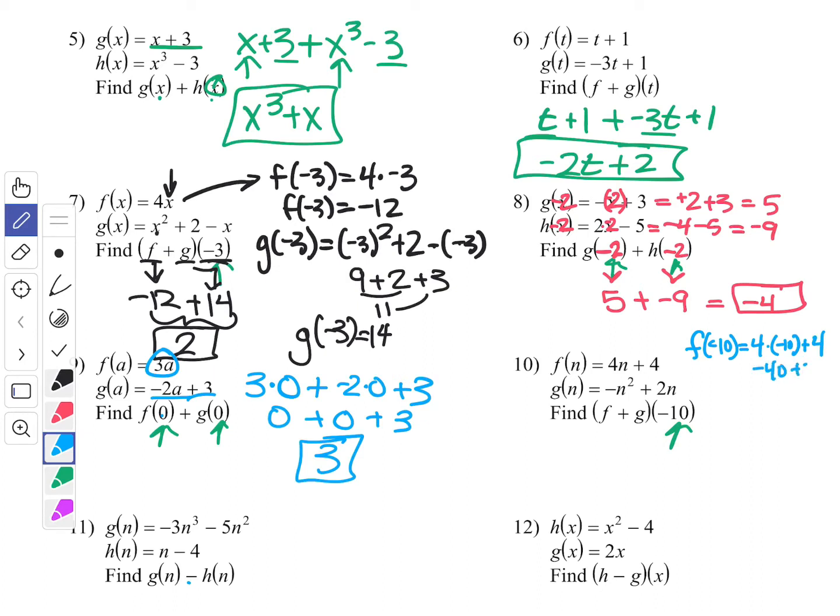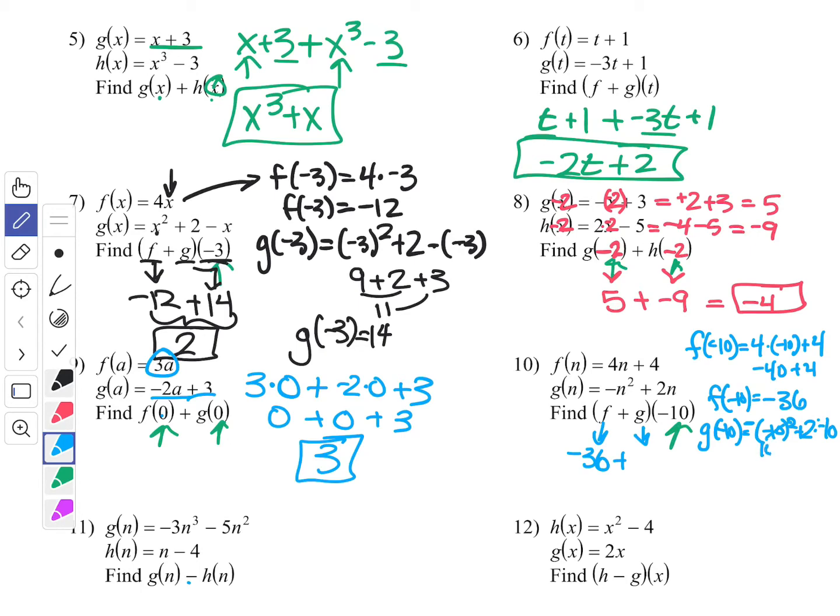So 4 times -10, -40 plus 4, -36. So f of -10, input of -10, output of -36. We're going to add to that whatever the output is for g of -10. So g of -10, we get negative on the outside, -10 squared, plus 2 times -10.